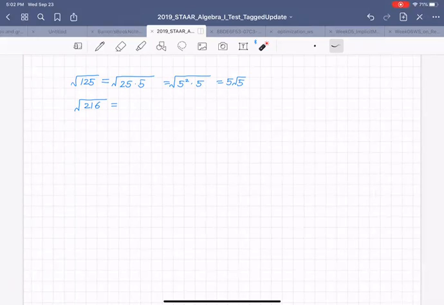Angela, what do you choose? What's the answer? I got 4. Square root of 4. At 216, you want to take the factors. Look, I told you before, 2 plus 1 plus 6 equals what? 9. So this number is divisible by 9, right?